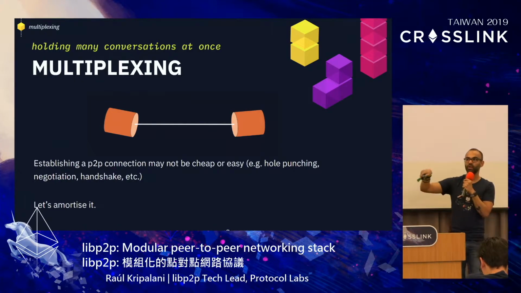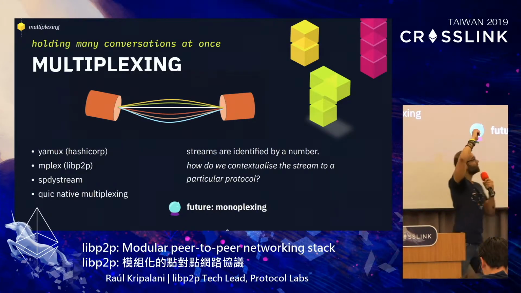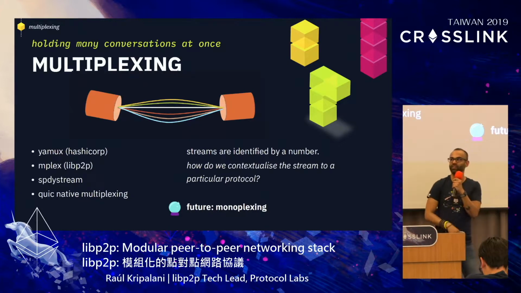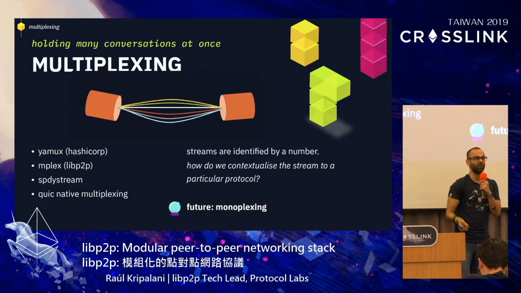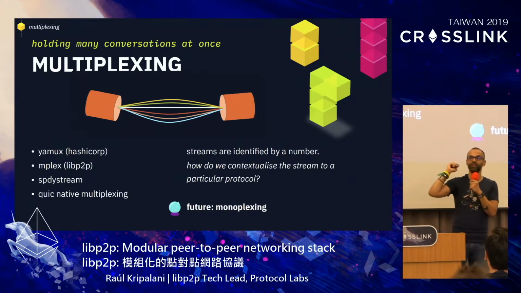So what I do is use something called multiplexing, and here's a really nice diagram of how multiplexing actually works. You can imagine a single connection opens up and becomes a strand of multiple parallel conversations, right? Which are isolated from one another. And this is what multiplexing gives you.